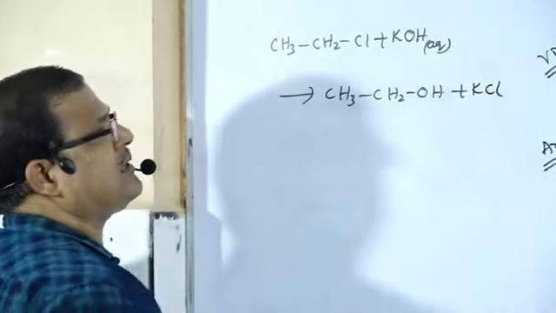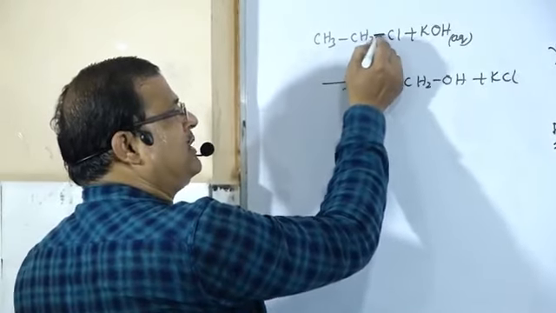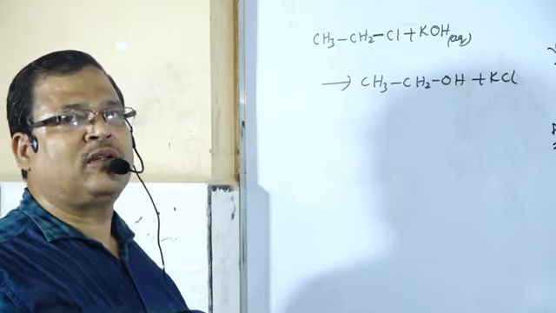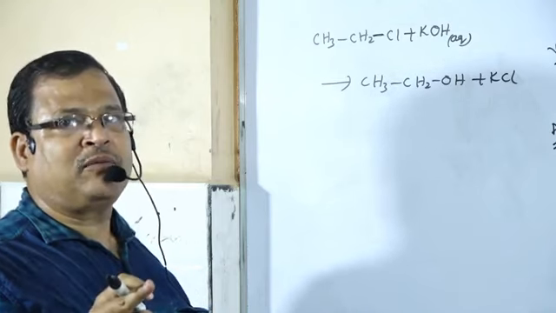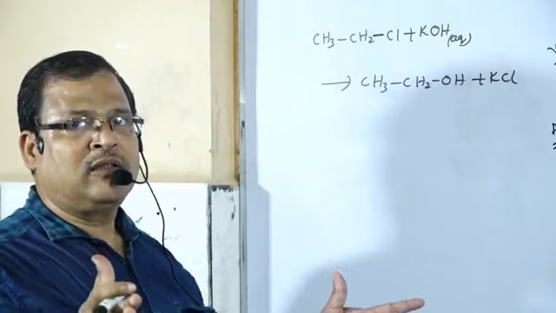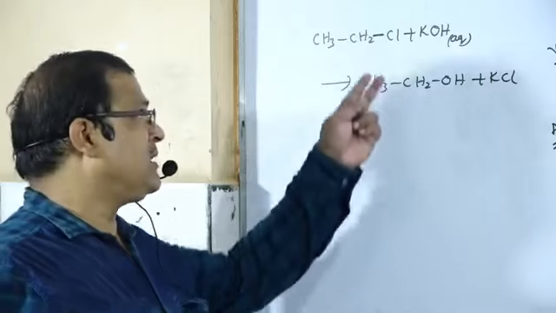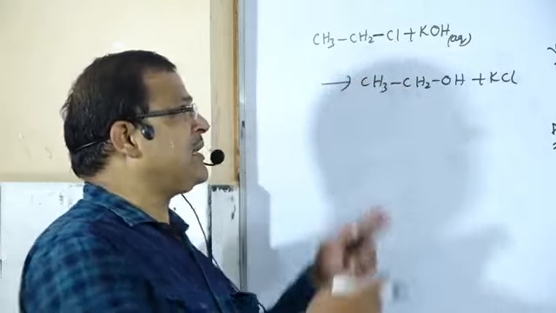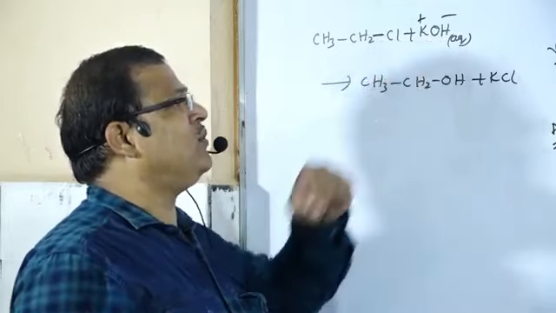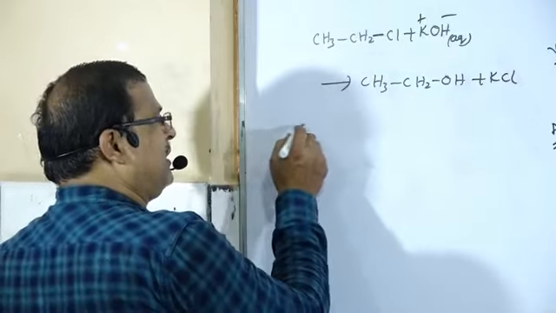This reaction takes place because the carbon-chlorine bond is always a single bond. With an sp3 hybridized carbon atom, the bond length is 1.8, the bond strength is less, and the reactivity becomes more. This means the chlorine atom can easily be replaced by the nucleophile OH minus.